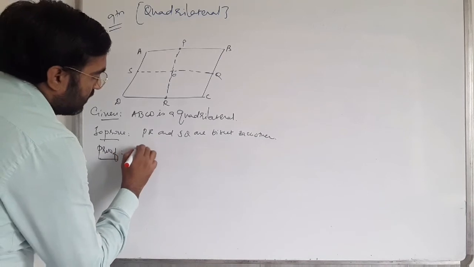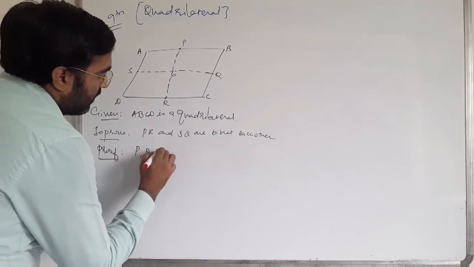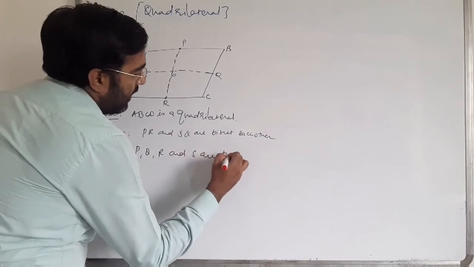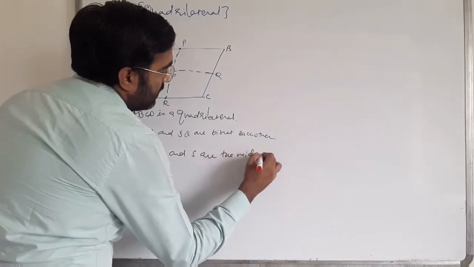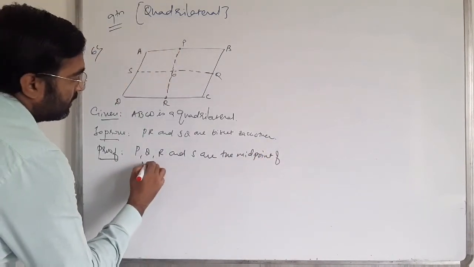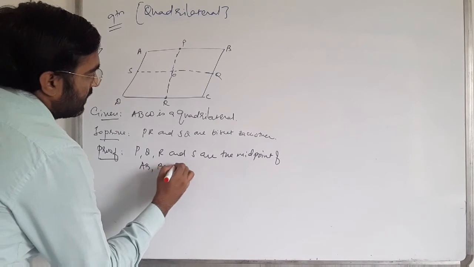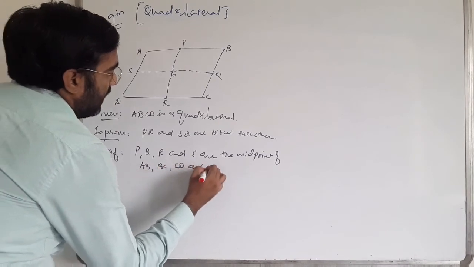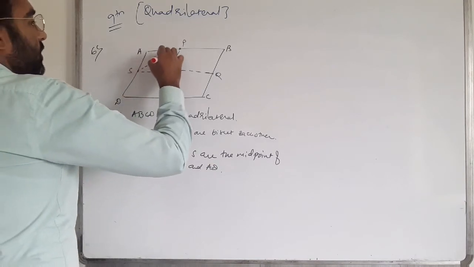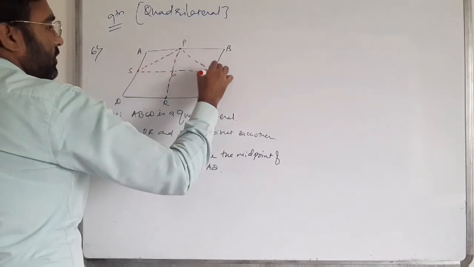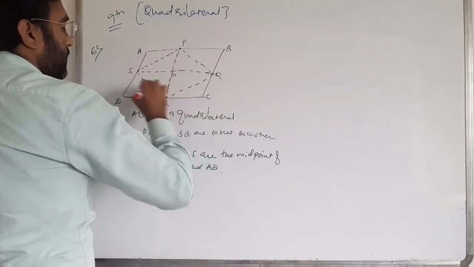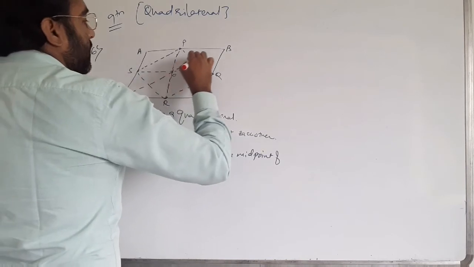P, Q, R and S are the midpoints of AB, BC, CD and AD. Okay, now I'll join them and construct the diagonal.